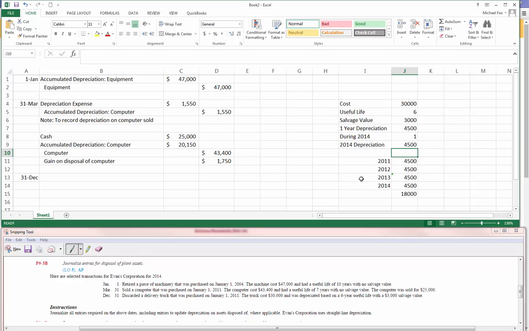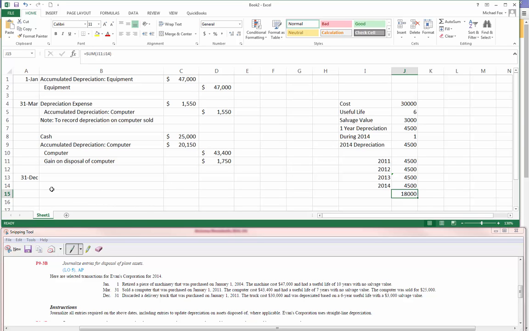Okay. All right. So since this was purchased January 1st, 2011, we would have had $4,500 worth of depreciation, a full year's worth in 2011, $4,500 in 2012, $4,500 in 2013, and a full $4,500 in 2014, or $18,000 total would be in the accumulated depreciation account.